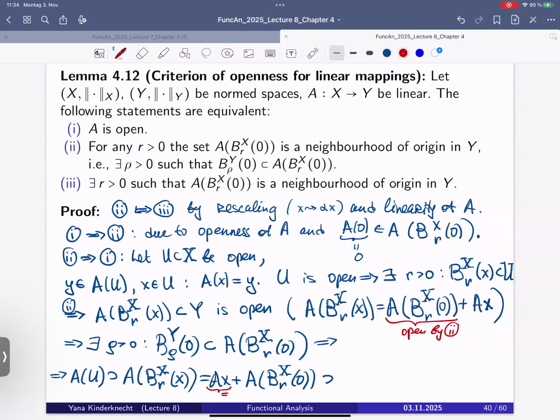This guy is just y by our definition of x. And this guy contains a smaller set, namely this set. Hence, finally, we have y plus B_rho(0), but this is B_rho(y).